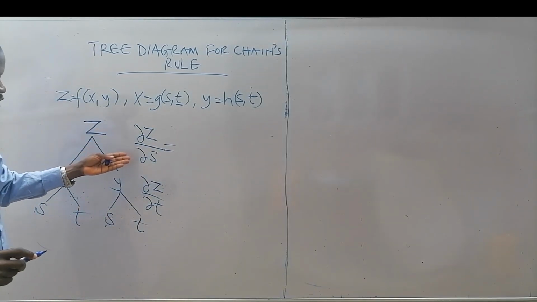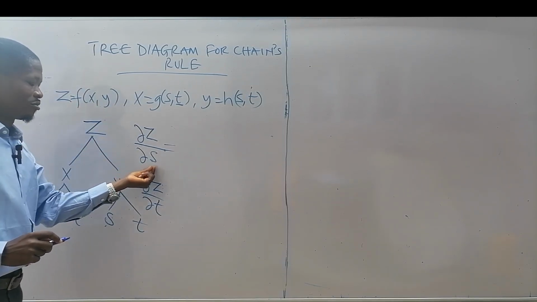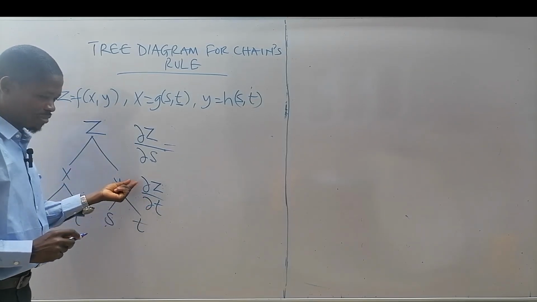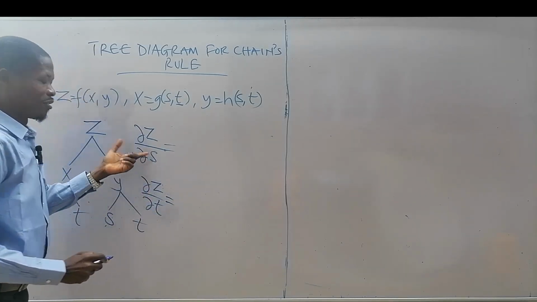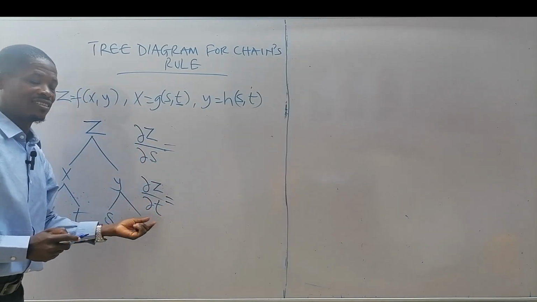What we mean by this is just the partial derivative with respect to s, partial derivative with respect to t. Okay, so that's the meaning of del z del s, del z del t.